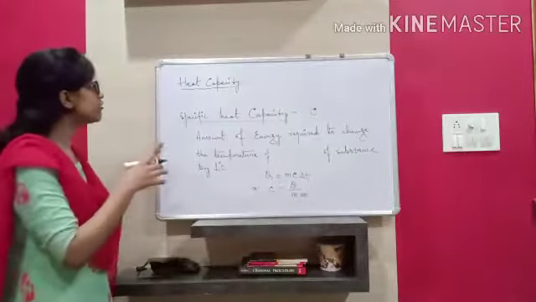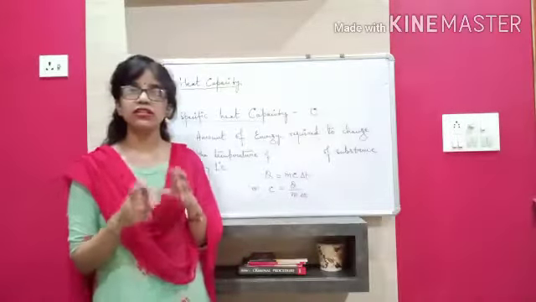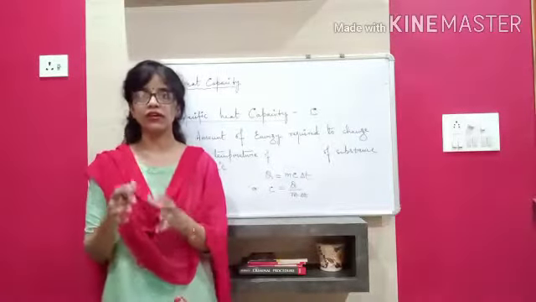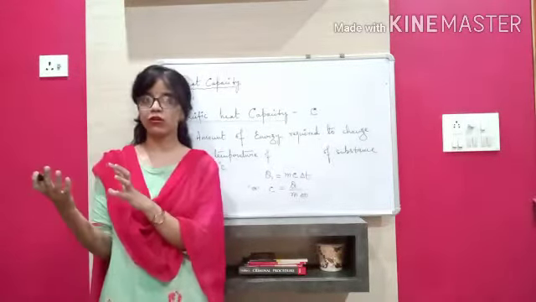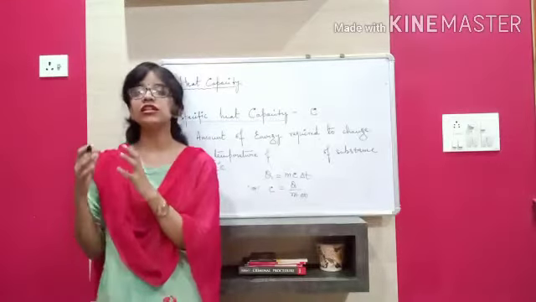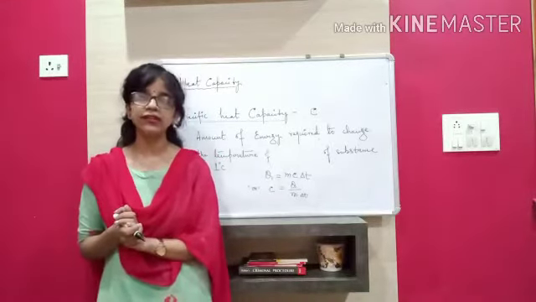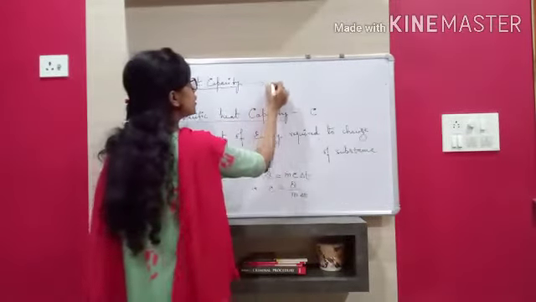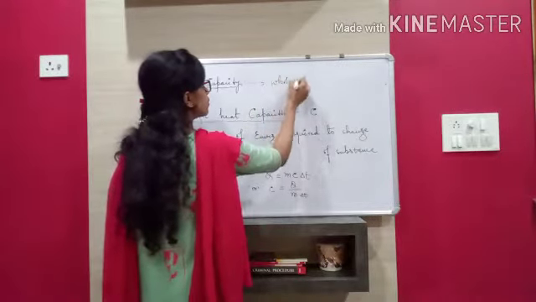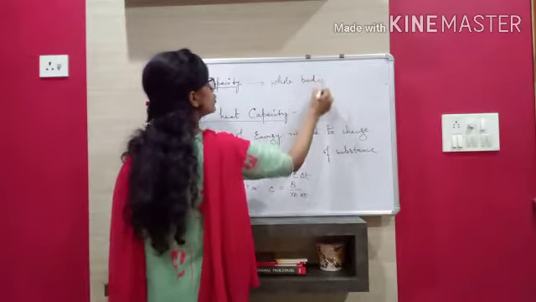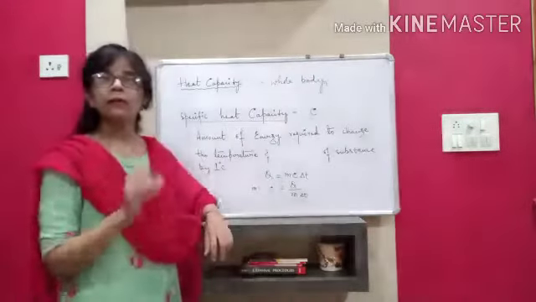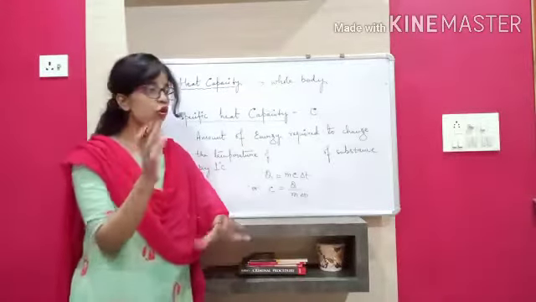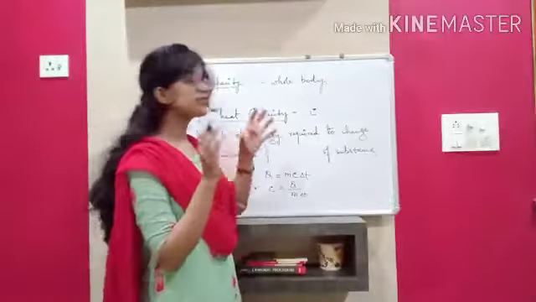That means the heat capacity would be the energy required for a body to change its temperature by 1 degree Celsius. That means this time for heat capacity we are taking the whole body, and changing the temperature of the whole body by 1 degree Celsius. So that is heat capacity.